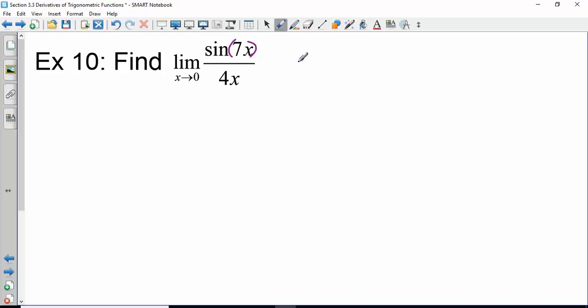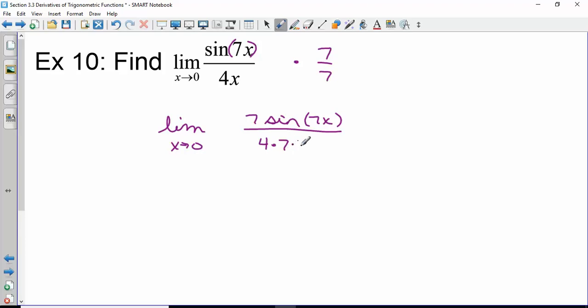A 7. So we know that in a fraction it's legal as long as you do the same thing on top and bottom. So I'm going to multiply by 7 over 7. So that's 7 times the sine of 7x over, on the bottom, I'm not going to multiply my 4 and my 7. I'm just going to write this as 4 times 7 times x.